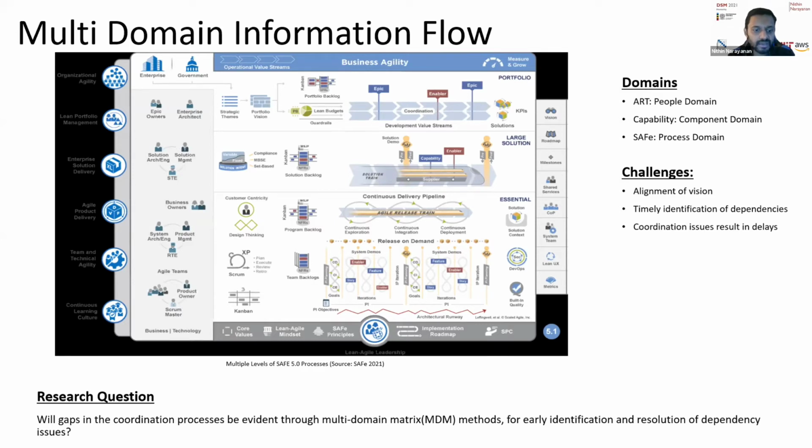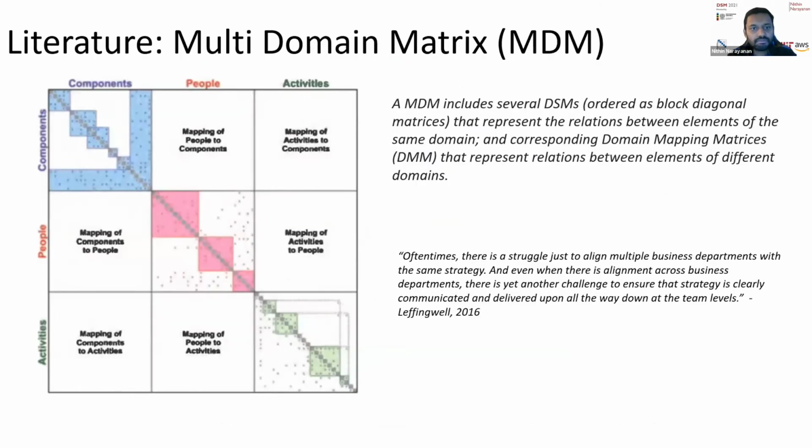So our research focus was on identifying how these coordination processes, which are evident through the multi-domain matrix methods, can help in early identification of these dependencies by visualizing the SAFe process in itself in a multi-domain matrix format. So here's a multi-domain matrix in its truest form.